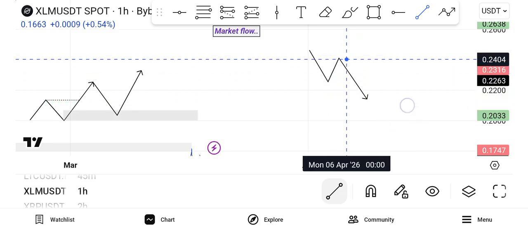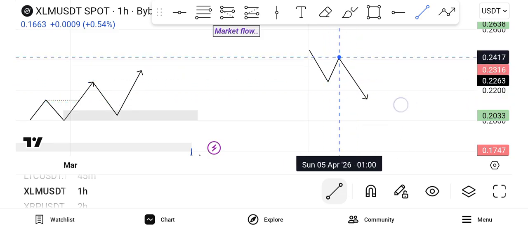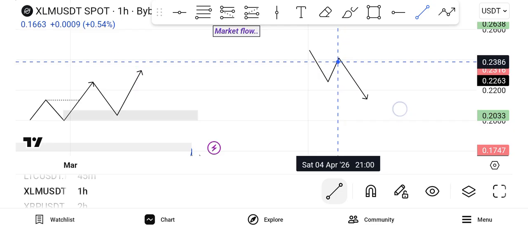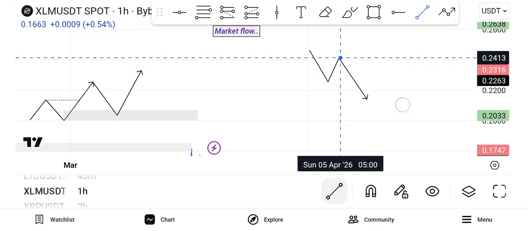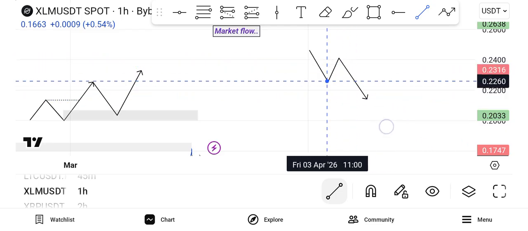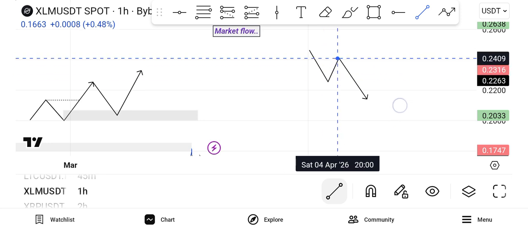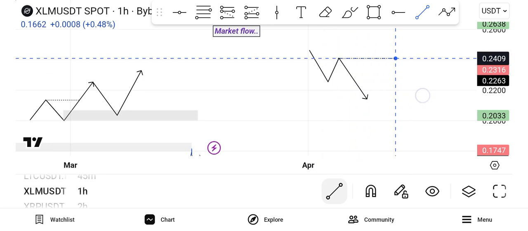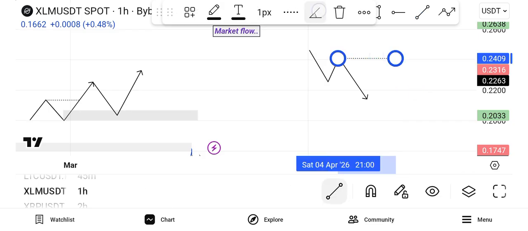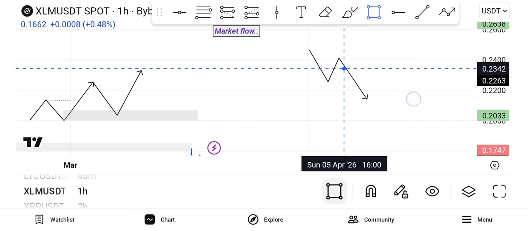To mark out your order blocks or your point of interest, it would be the last candlestick before any impulsive move that broke this structure here. That is the point you'll be marking out as your point of interest, be it your supply level or the demand level as well.